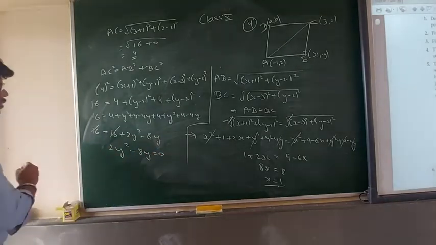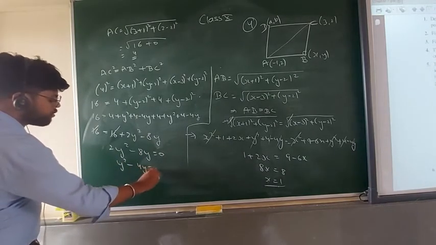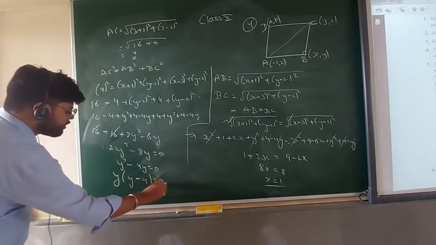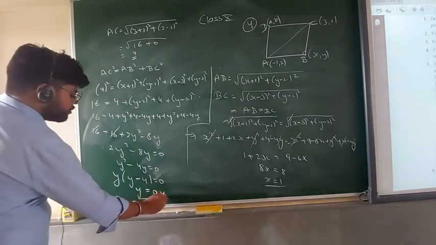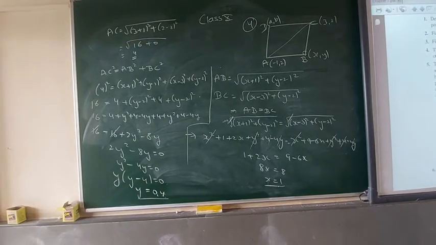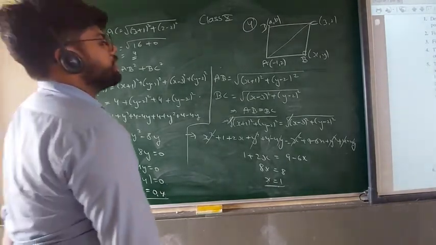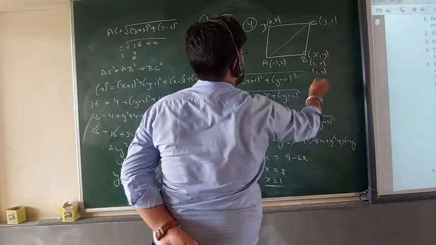If I take 2 common and send it down, then y square minus 4y is equals to 0. Again I will take y common, then y minus 4 equals to 0. Then the value of y is what? 0 and 4. Two values are possible, y will be 0 or y will be 4. So the coordinates are (1, 0) or (1, 4).